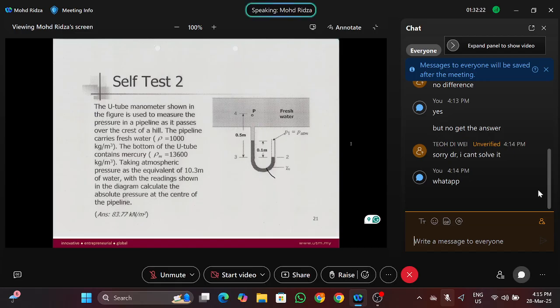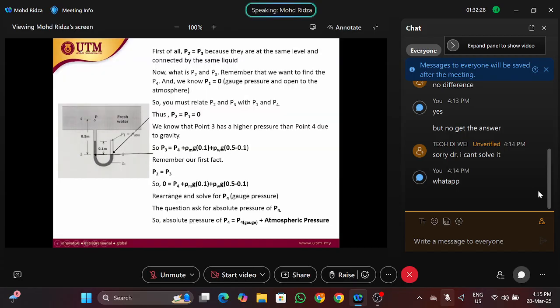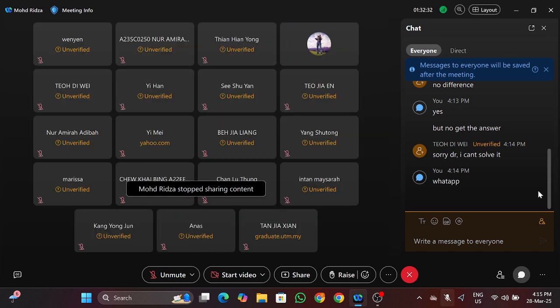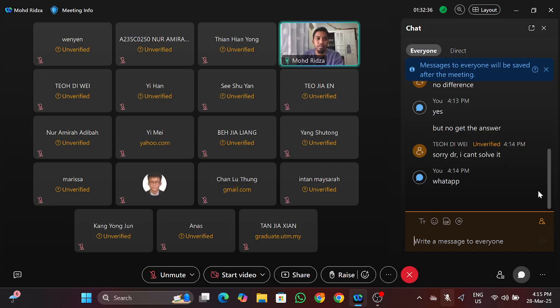Okay, good. So how do I do this? I need to go out from here. Let me stop sharing. Let me go to the WhatsApp document. One is download. Right. Thank you.